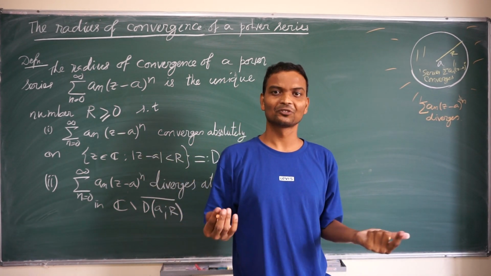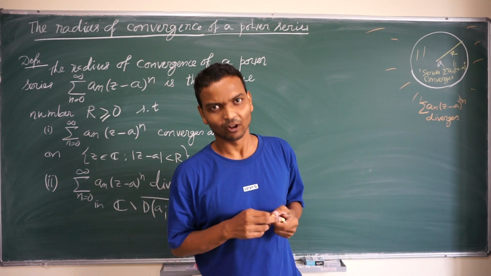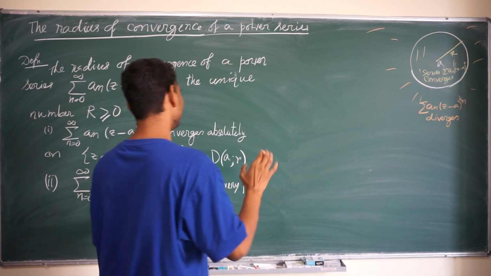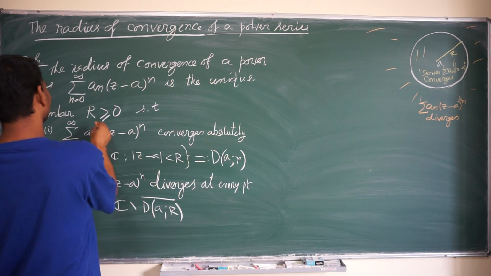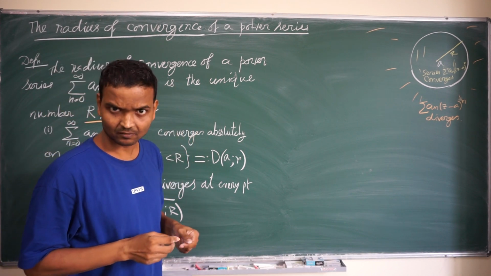It might converge, it might diverge. We'll see that all the situations can occur. Alright? So this number r is the radius of convergence of this power series.